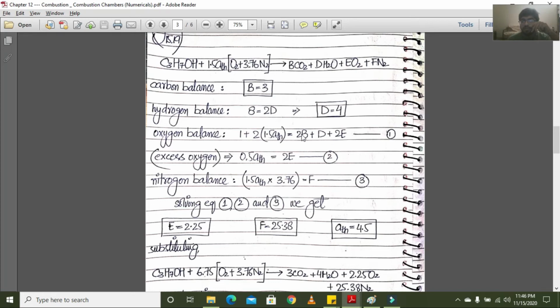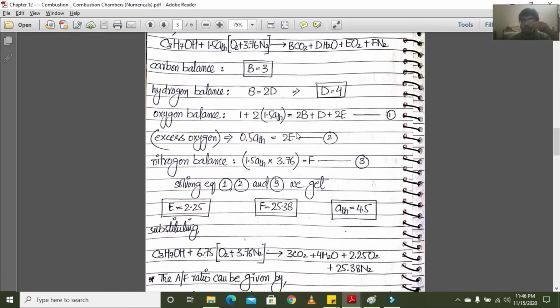If I simultaneously solve these equations, I will get the value of E, which is 2.25, the value of F, which is 25.38, and the value of ATH, which is coming out to be 4.5.